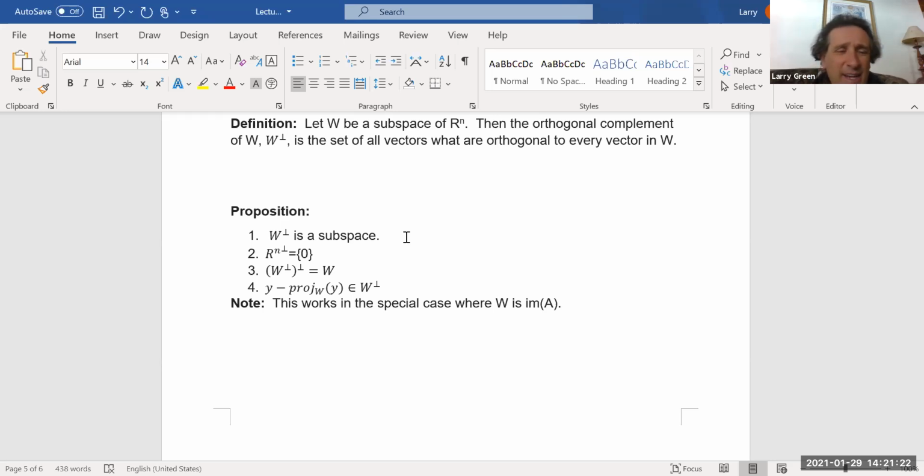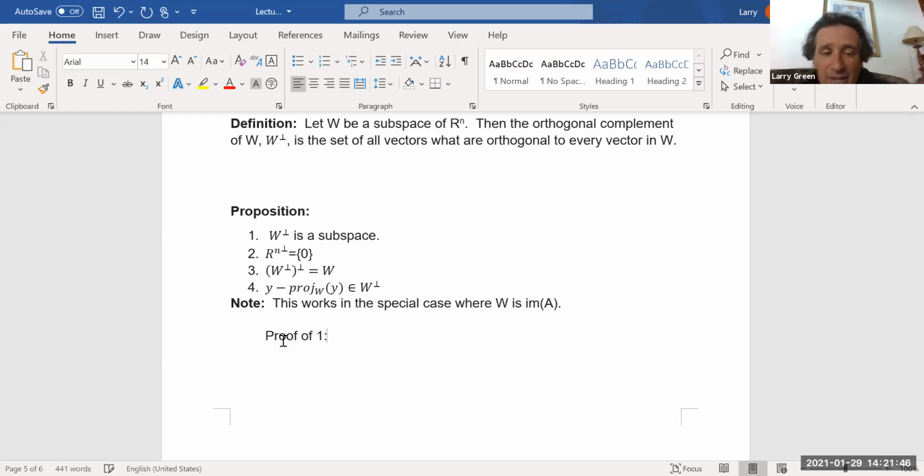All right, let's look at number one. I don't know if I'll prove all of these, but let's look at number one. How do you show W perp is a subspace? By the definition of a subspace. How many things do we have to show? Three. All right, so let's do the proof of one.